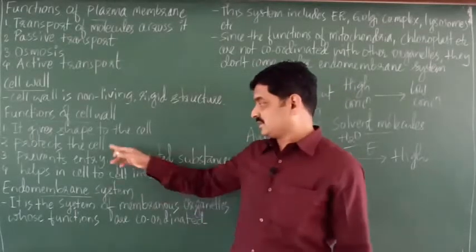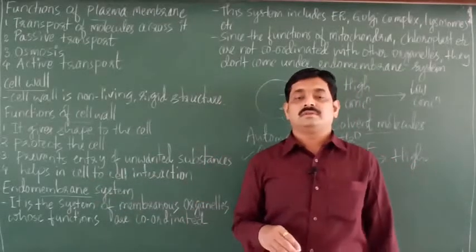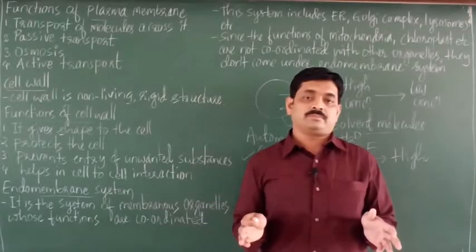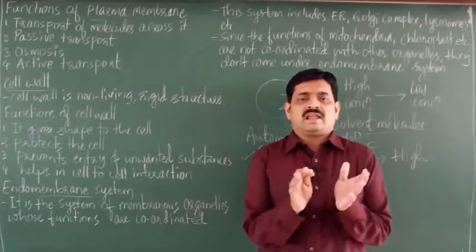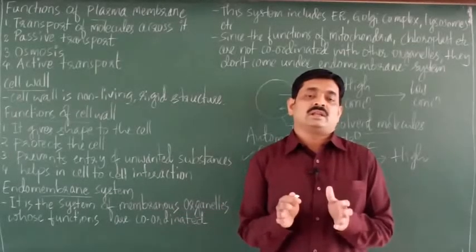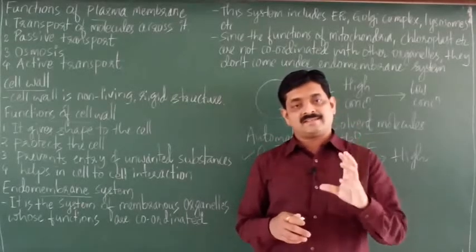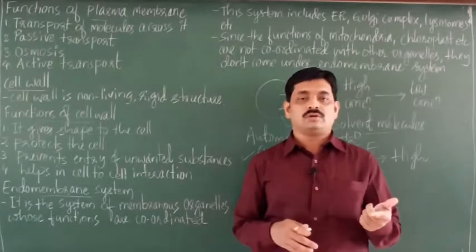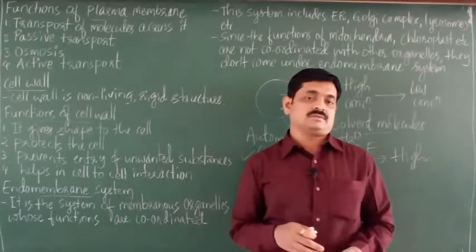Then another function is it helps in cell-to-cell interaction, right? So there is interaction between the adjacent cells. The two cells which lie close to each other interact with each other, and that interaction is with the help of the cell wall. So cell wall has certain gaps. They are called plasmodesmata, right? In the previous video we have discussed this.